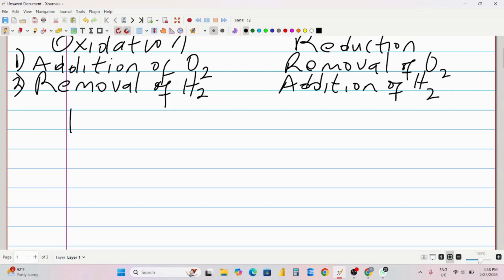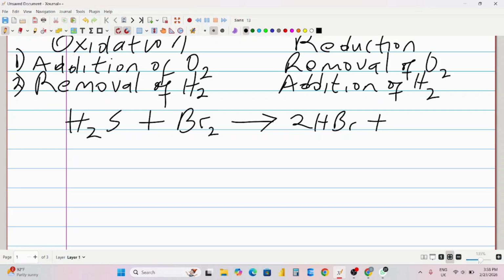So you have hydrogen sulfide plus bromine, and then at the end of the day you have hydrogen bromide and sulfur. Now let's look at this closely because we'll be seeing questions like this shortly. We'll try and answer it together.